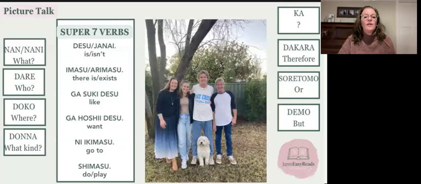So the Super 7 verbs are listed there. So as much as possible, especially for beginners, I really try to think about how I can express my thoughts, drill down to the basics here so that I can keep it fully comprehensible.